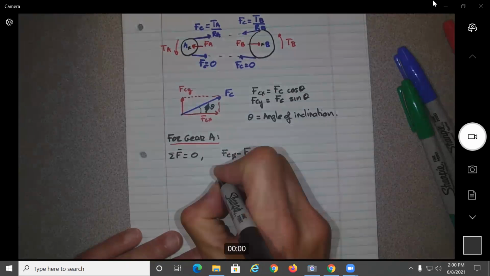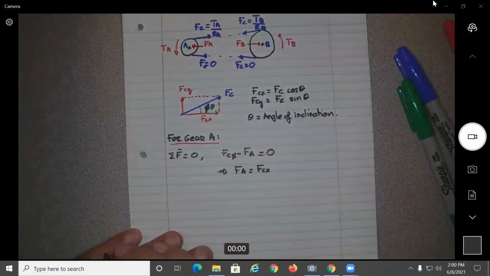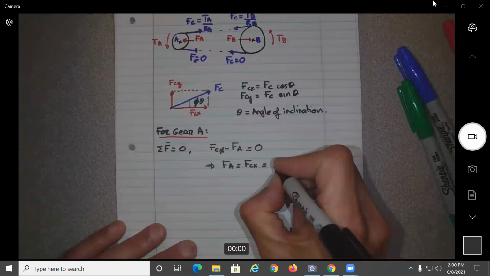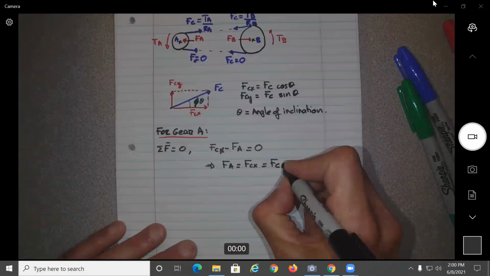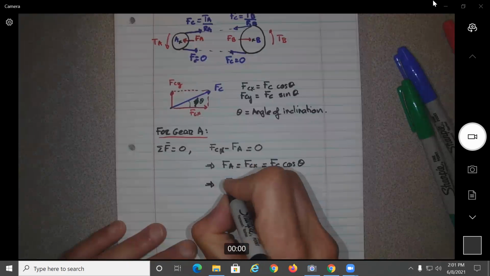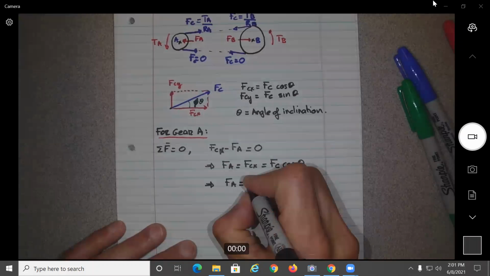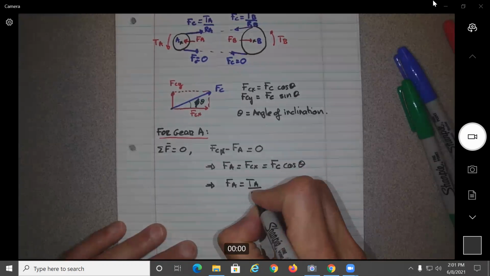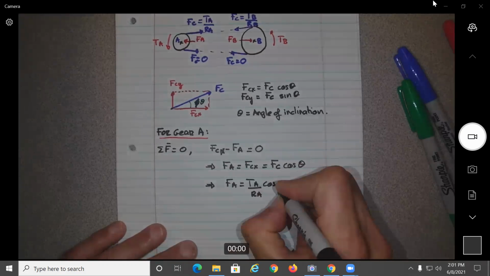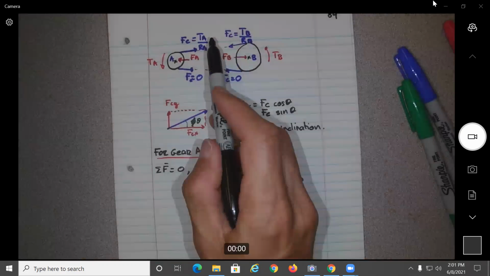So this will give you that F_A equal to F_c of x, which is equal to F_c cosine theta, which will give you F_A equal to T_A over R_A cosine theta. Okay, because we know F_c is T_A over R_A.